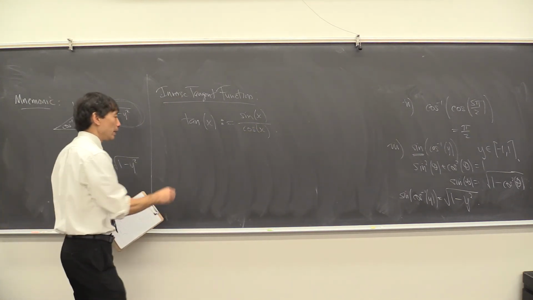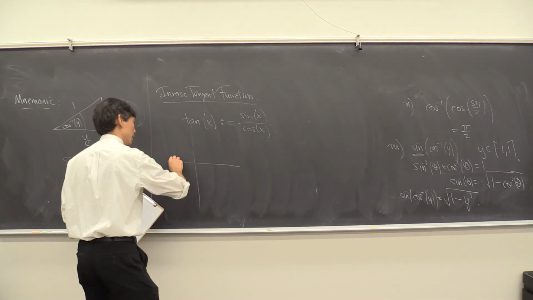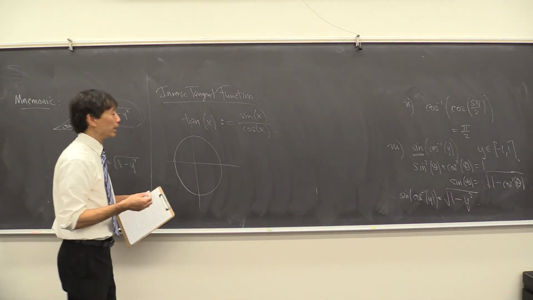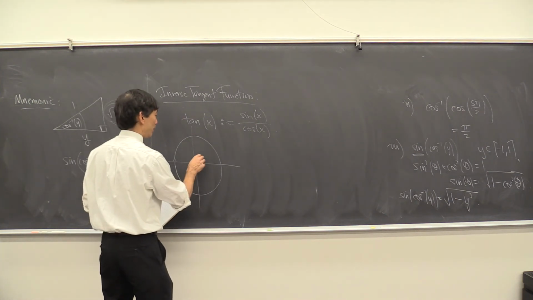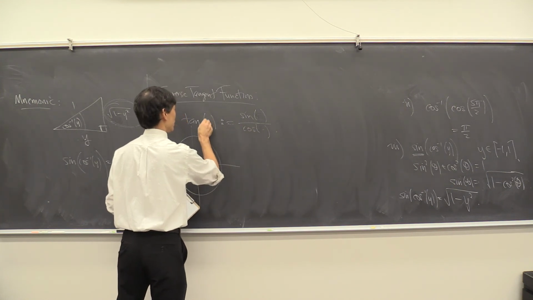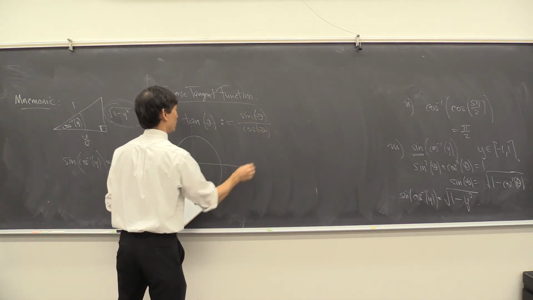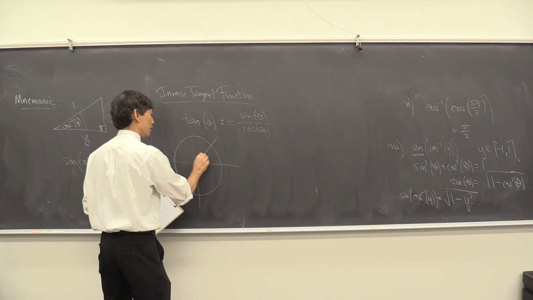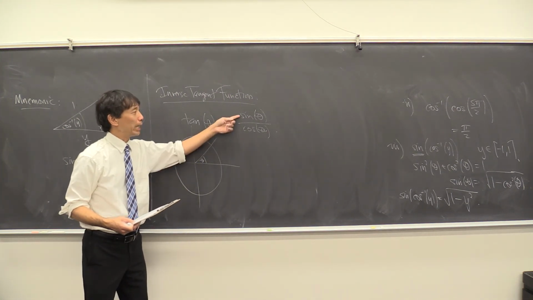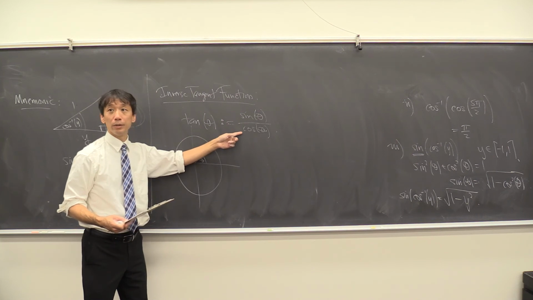And if you think about it in terms of our unit circle way of thinking, if I have an angle, let me use theta here so I can use x's and y's, then the tangent is going to be the y-coordinate over the x-coordinate.